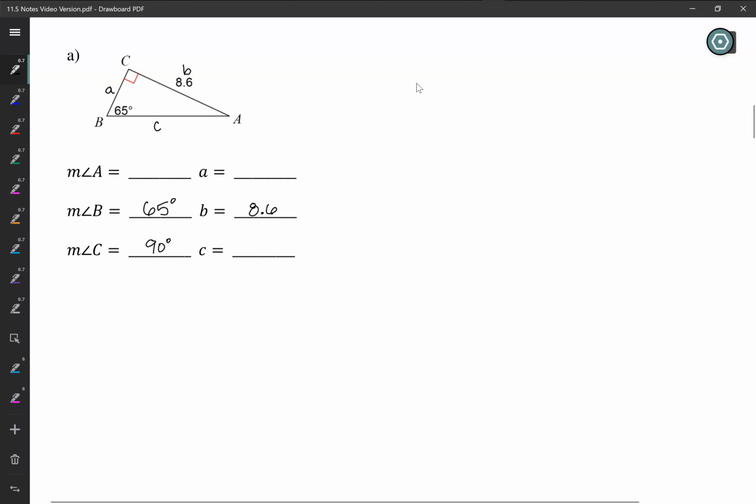So the first thing I'm going to do is figure out the other angle. And that's pretty easy to do. I know that the right angle is 90, so these two have to add up to 90. So the measure of angle A is just going to be 90 degrees minus 65 degrees. And that is 25 degrees.